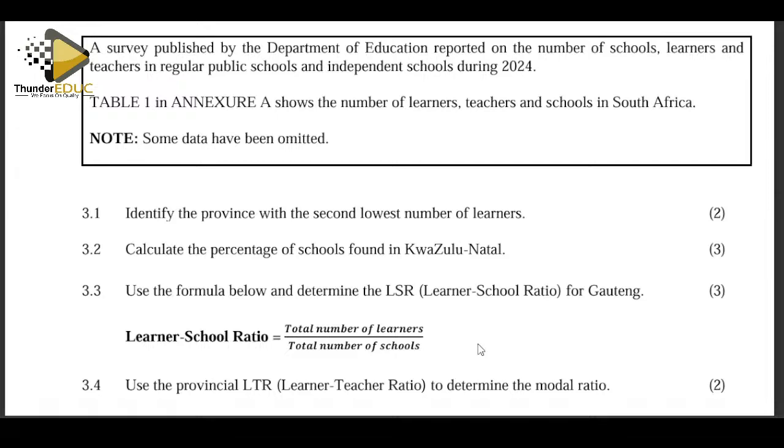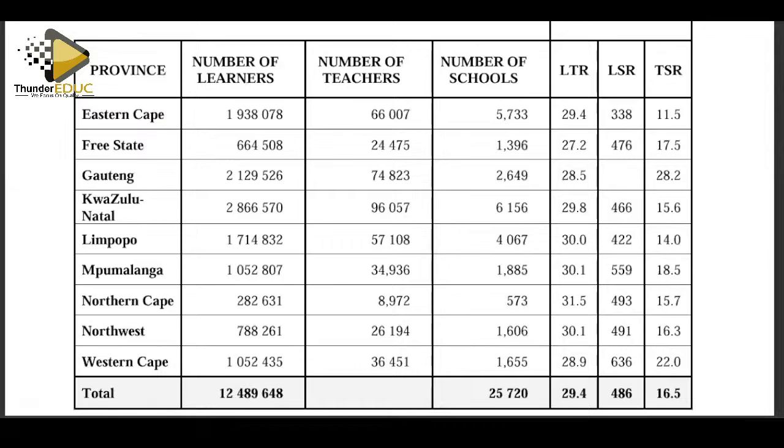Identify the province with the second lowest number of learners. Here is the annexure. These are the number of learners. Under the number of learners, we need to scrutinize and see which one is the lowest. The lowest is this one here, which takes place number 1.